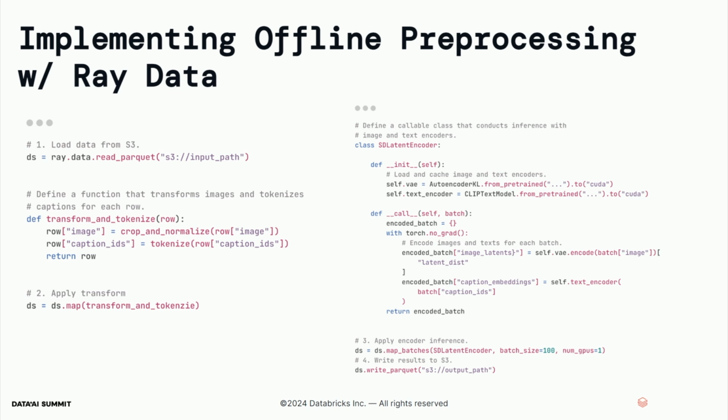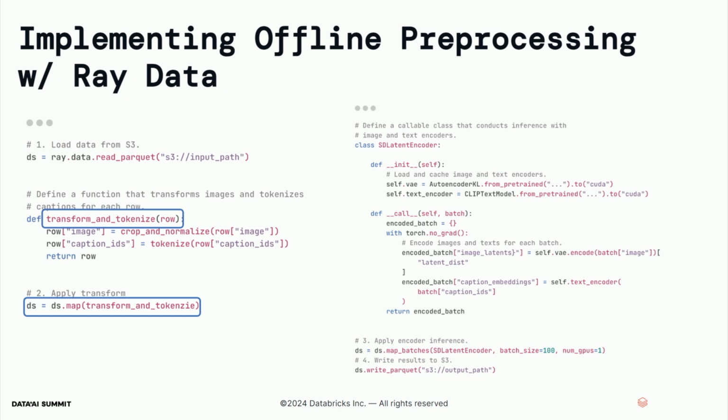Okay, now let's take a look at this code example to see how we implement the offline data pipeline with Ray Data. First of all, we use the read_parquet function to create a dataset. Basically, this dataset will load your parquet data from S3. In the next step, we define a function and pass it to the ds.map API.